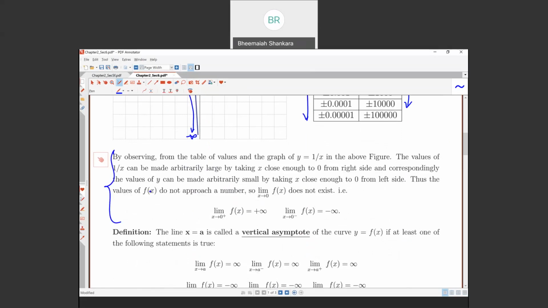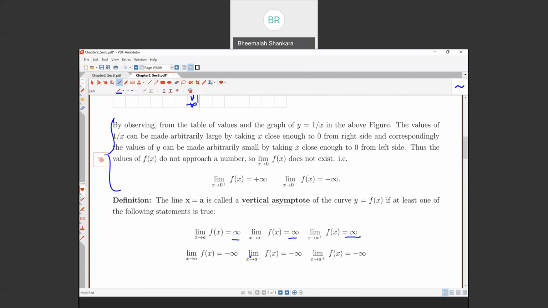Next is the definition of vertical asymptote. The line x equals a is called a vertical asymptote of the given function if at least one of these statements is true: when the limiting value of the function goes to infinity from the left or from the right, or the function itself, or negative infinity from the left or from the right, you call that particular line a vertical asymptote.